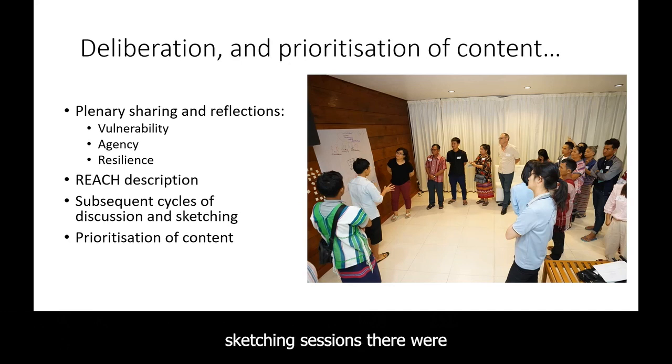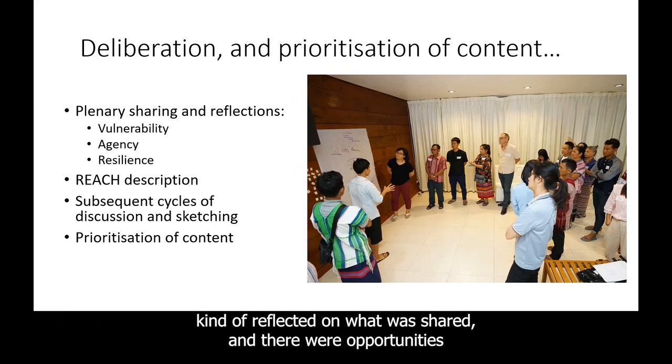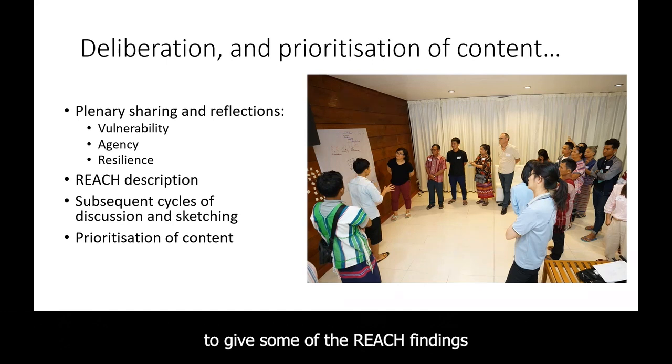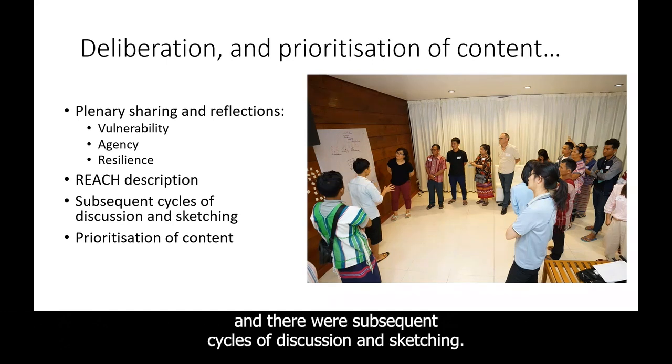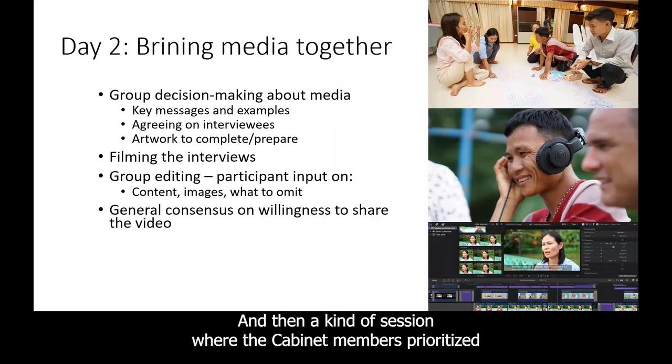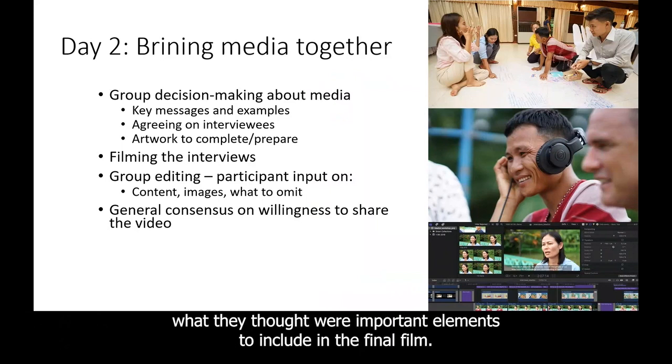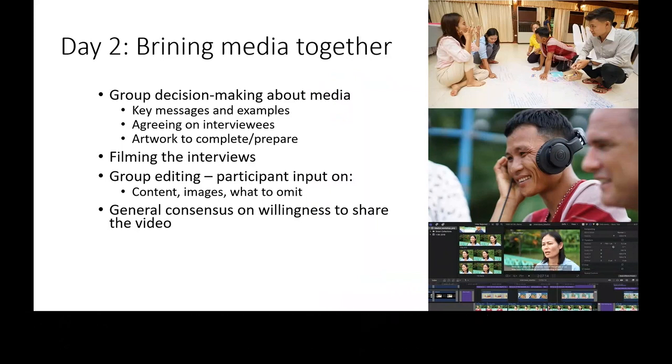In between different sketching sessions, there were plenary sessions where people reflected on what was shared. There were opportunities to give some of the REACH findings, and there were subsequent cycles of discussion and sketching, and then a session where the CAB members prioritized what they thought were important elements to include in the final film.